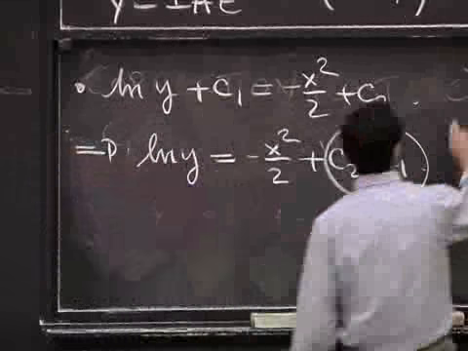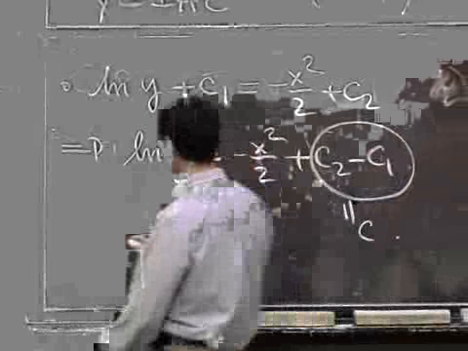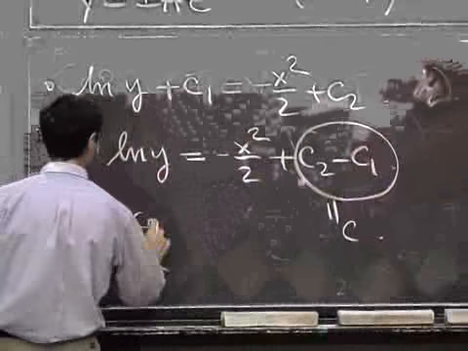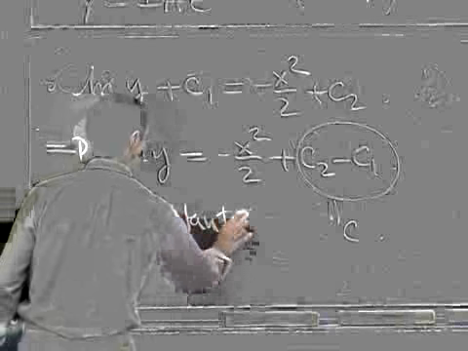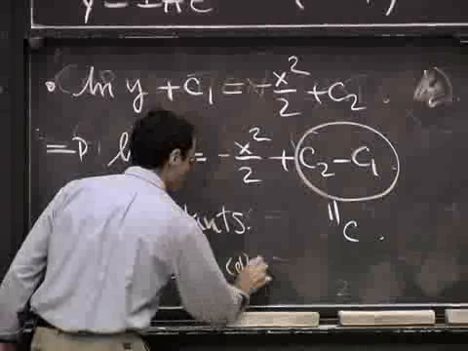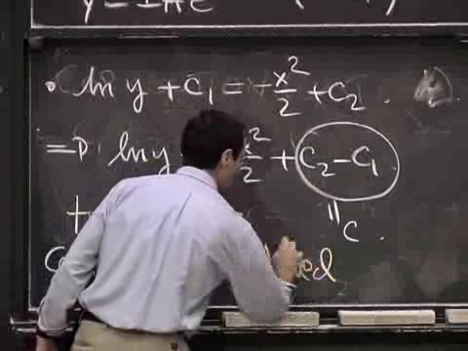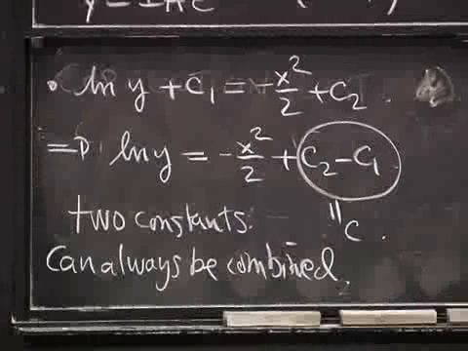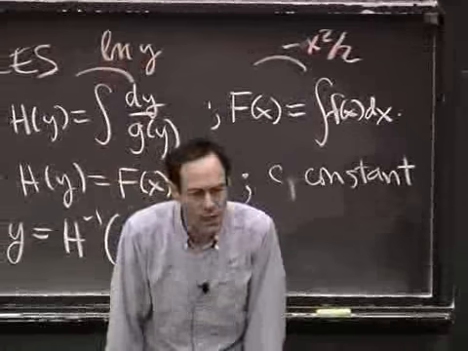So two constants are superfluous. Can always be combined. So we just never do it this first way. It's just extra writing. It's a waste of time.